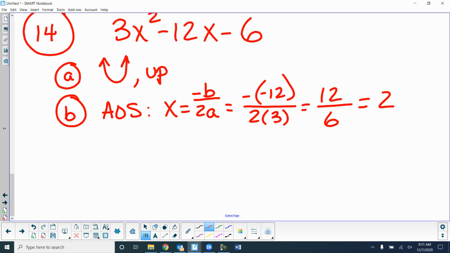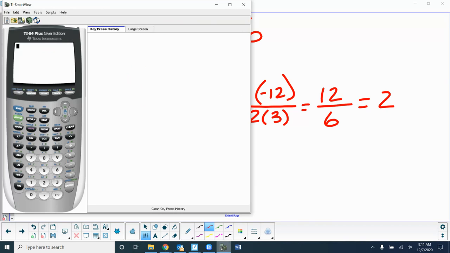You guys know 12 divided by 6 is 2, right? Here's what you'll do in the calculator. You'll go negative 12 divided by 2 times 3. That's how you put it in. Is that the right answer, 18? No. The calculator is following order of operations.